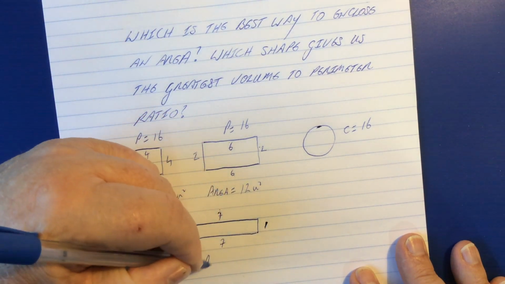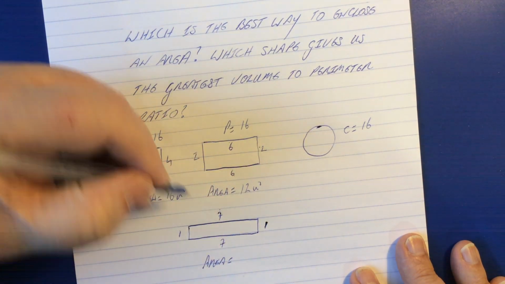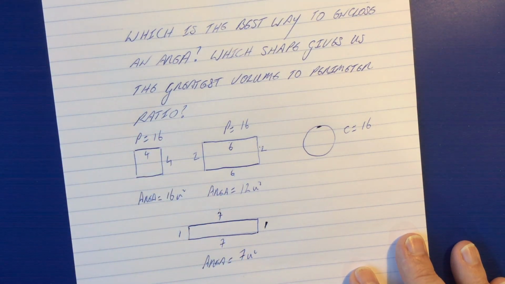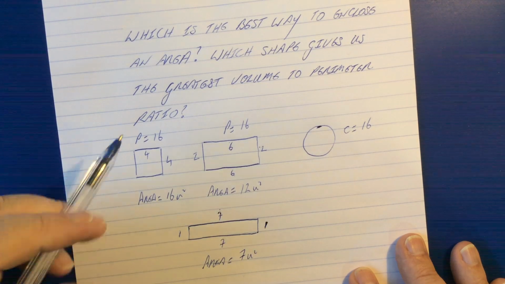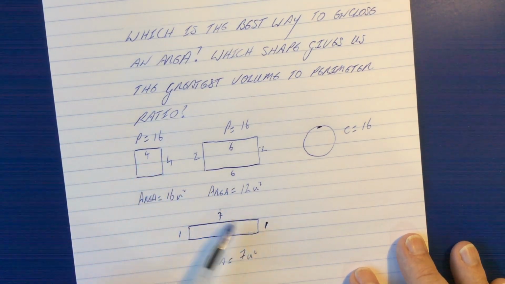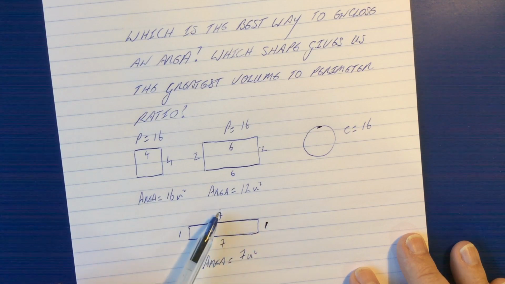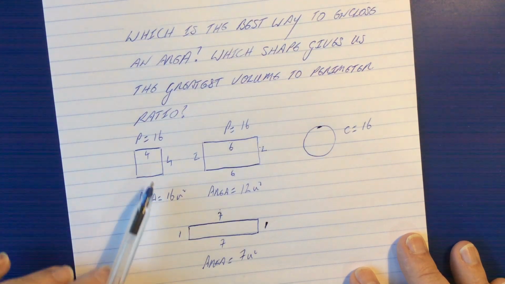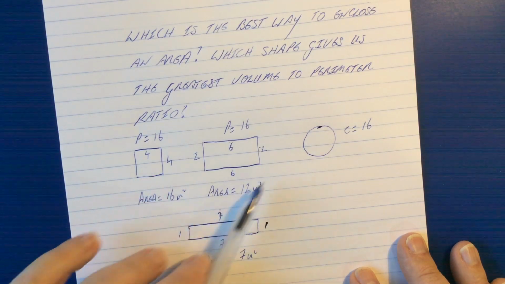What is the area? Well, the area is equal to 7 units squared. So you can see what's happening here. It's pretty well known that as these numbers approach the same size as each other, you enclose more and more area, and you can see that with the example of the square.